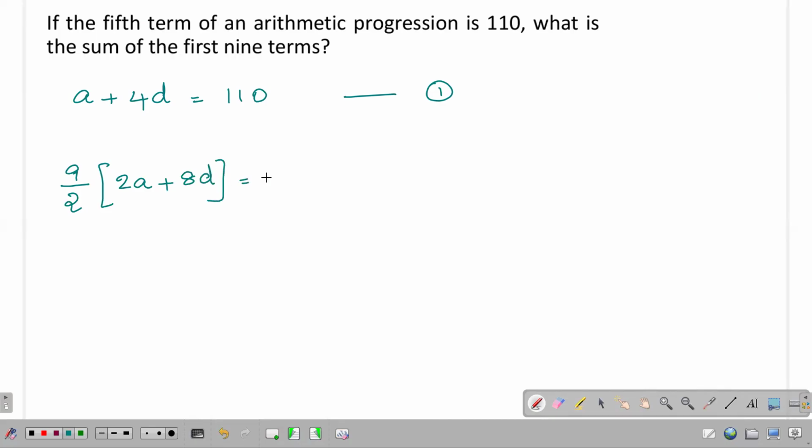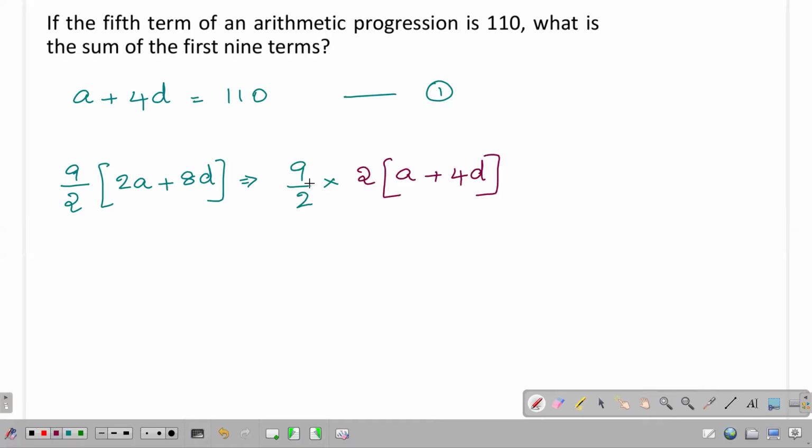This is as good as 9 by 2 times 2a plus 8d. Listen carefully. From this 2a plus 8d, you can take 2 as the common factor, so it becomes 2 times a plus 4d. Here a plus 4d is 110.